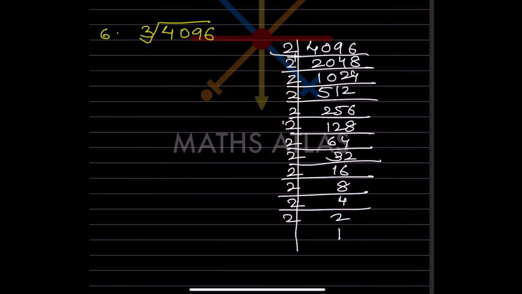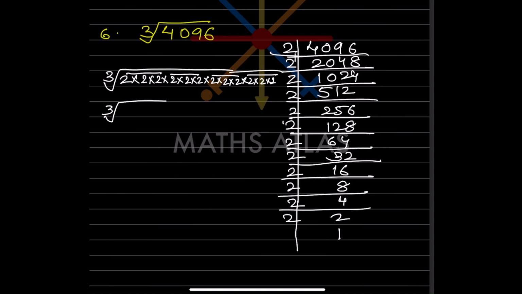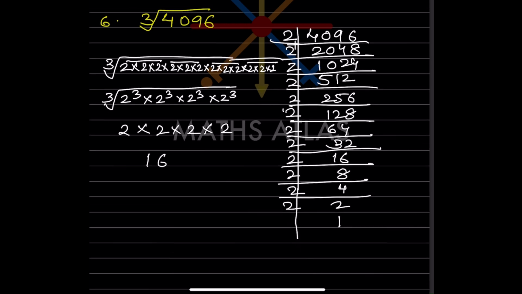So we can write here, so we can make a group of 3. So whenever we have, suppose we are just taking this part, so that is going to be just 2. So 2 2s are 4, 4 2s are 8, 8 2s are 16. So 16 is the answer.